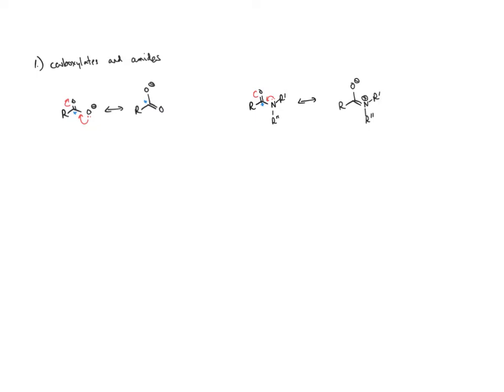And so this isn't quite as good as the carboxylate. And so what it means is that your nitrogen lone pairs want to be sitting on nitrogen a little bit more than they want to be sitting on oxygen. They're not as willing to give up those electrons. And so if they're not as willing to give up those electrons, then there, of course, is going to be less electron density on the carbonyl carbon, because they're not going to undergo resonance delocalization.